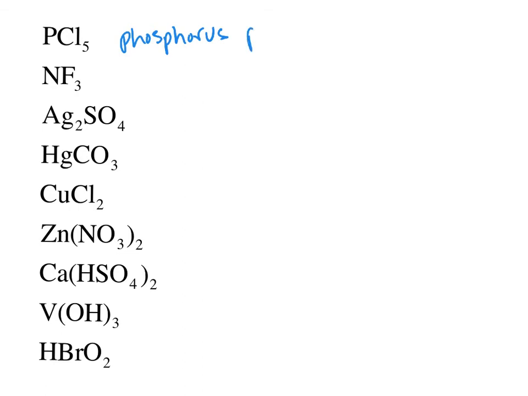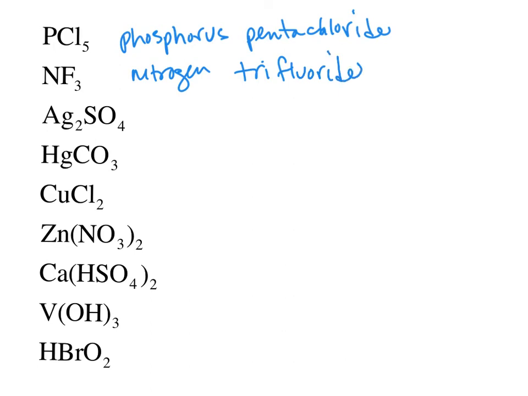Penta, you can leave the A. And chlor, CHLOR, you stop and you put IDE there to indicate it's a binary compound. Similarly, NF3 would be nitrogen, tri, FLUO, sorry, whoops, that one. FLUORIDE, nitrogen trifluoride.